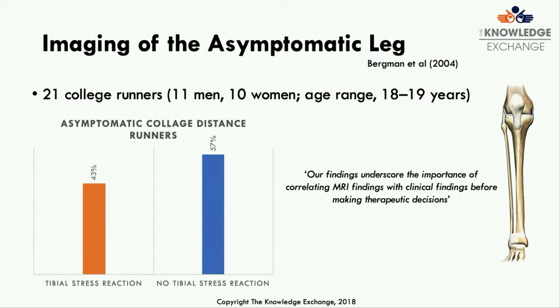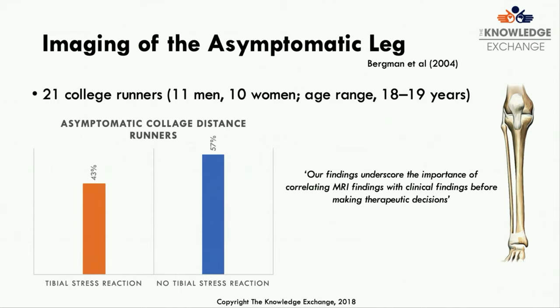Even back in 2004, we had evidence of similar results. Bergman et al. looked at a smaller sample of 21 college runners, none of whom had pain, and performed MRI of the shin. All runners in the study were participating in an intensive pre-season running program of 8 weeks, during which they ran 50 to 70 miles per week.